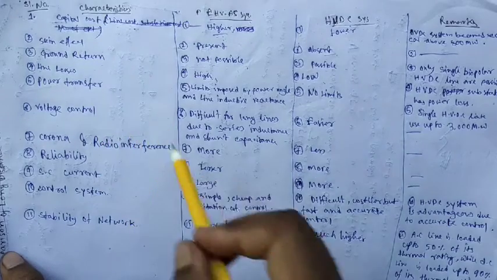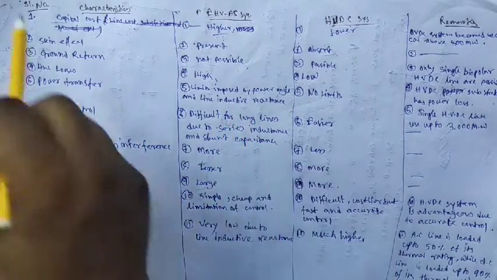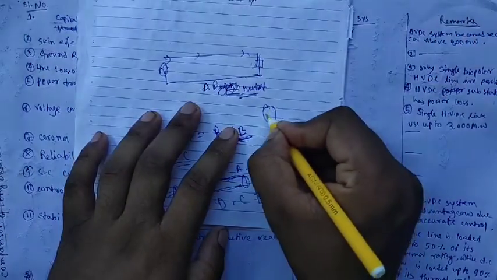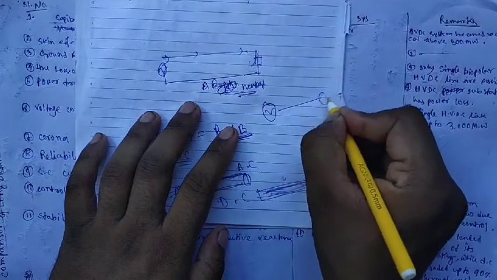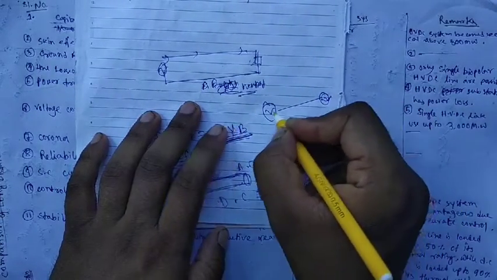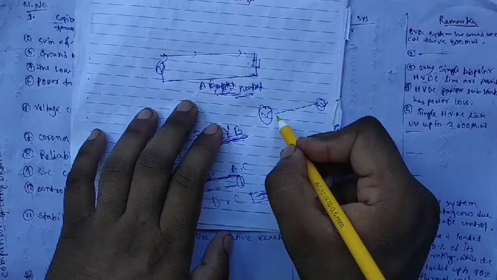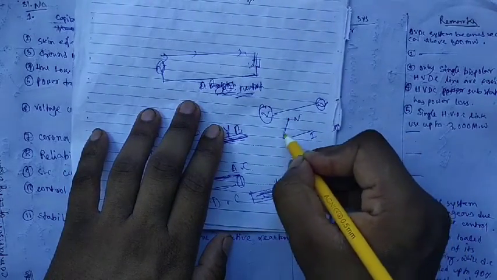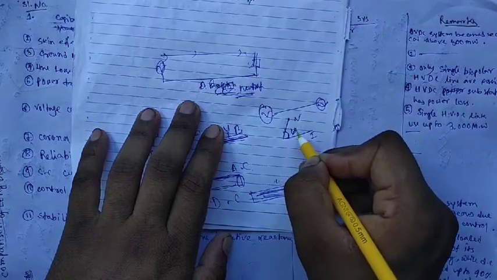Power transfer. If you transmit power from the sending end to the receiving end, then we need to follow the power angle. Power is V into I, and this angle is maintained because of the power factor.